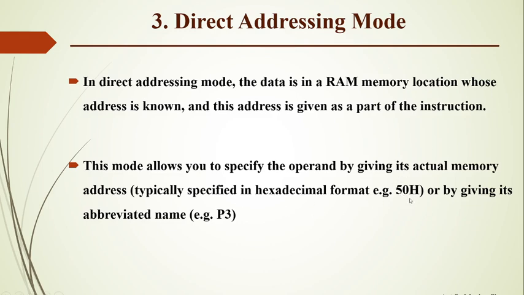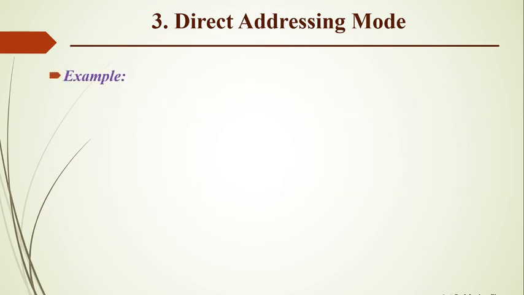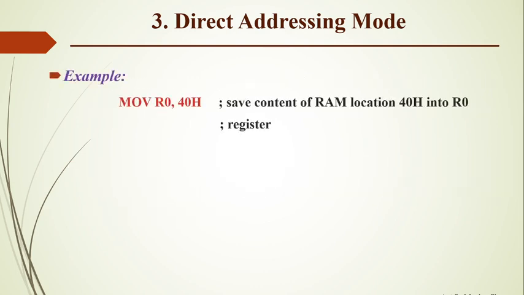For example, 50H, or we can give its abbreviated name, such as P3. So we can directly specify the hex address, or we can specify the abbreviated name of that location. Let's see the examples. Here, MOV R0, 40H.